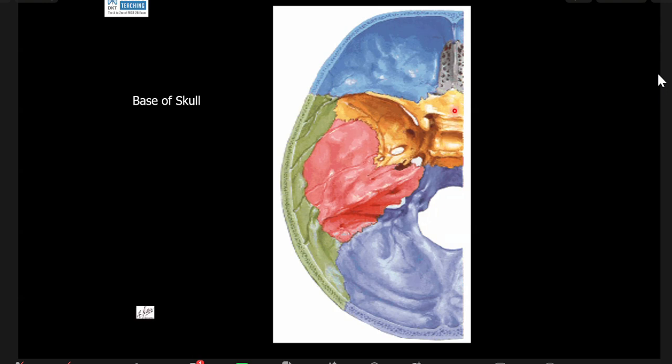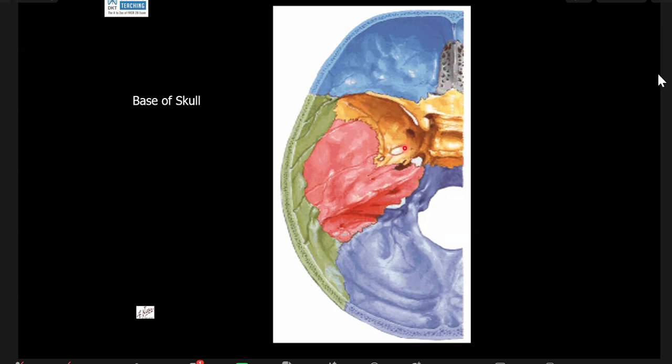This is planum sphenoidale. Now coming back to the sphenoid bone, we have a lesser wing, which is this portion, superior and anterior. The lateral and inferior portion, the larger one, is the greater wing of the sphenoid.